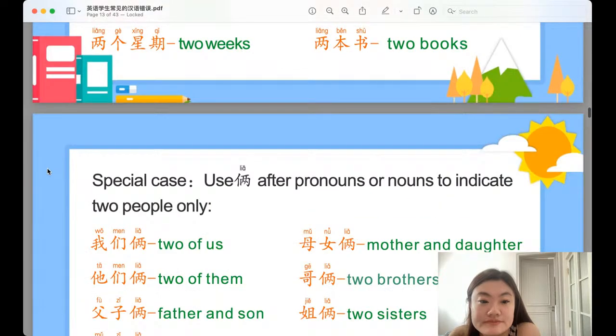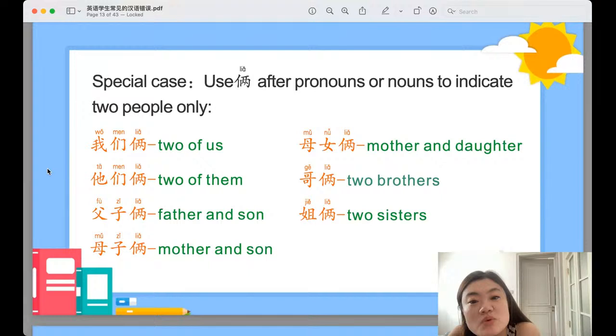And a lot of times you see words like 俩. It's pronounced liǎ, and the right part is the same as 两, and you add the person radical next to it. You only use this word to indicate two people, and normally you use it after pronouns or nouns.